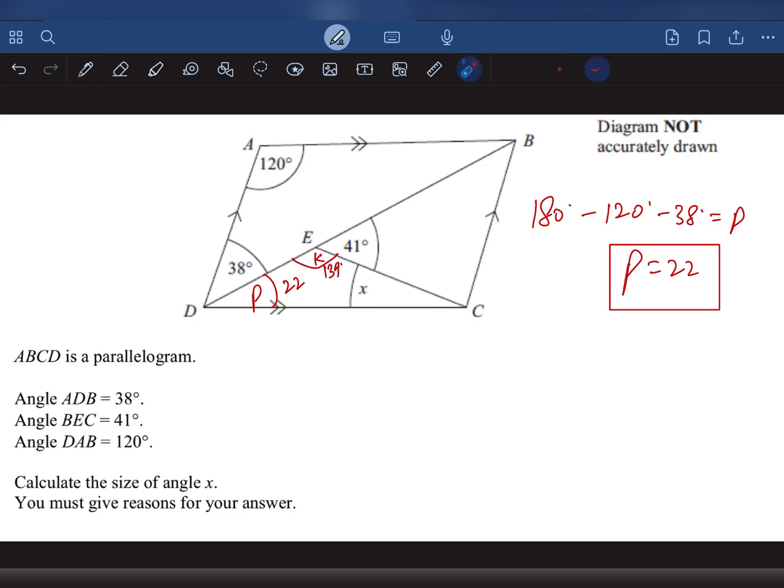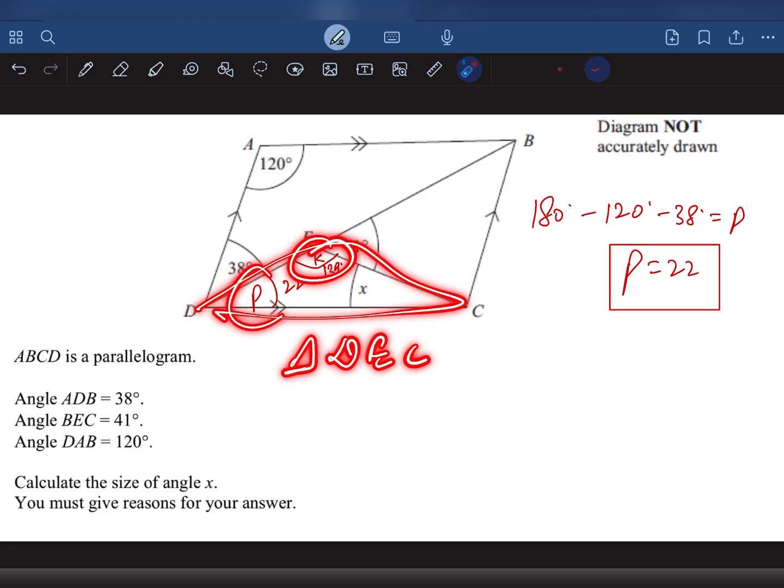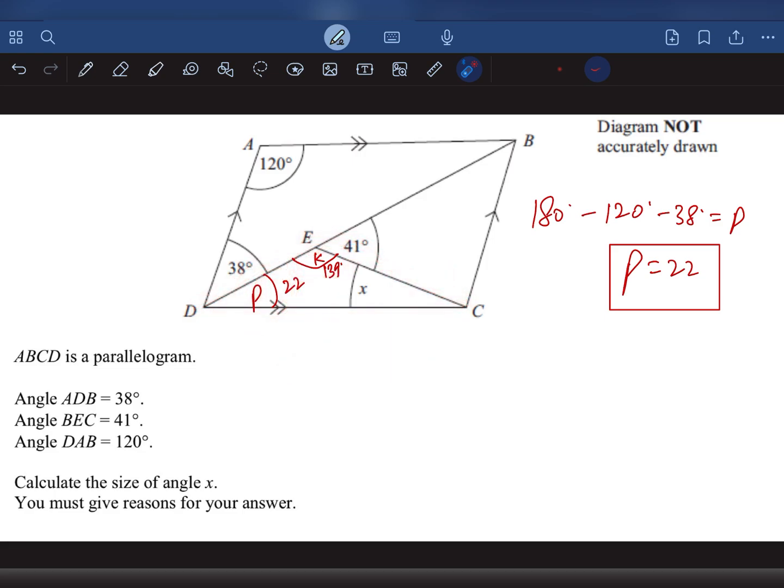Okay. Now you have a triangle DEC and you already have two angles in it. To find the third angle, we know that the sum of the three angles of a triangle is equal to 180 degrees, right? So in triangle DEC, angle P plus angle K plus angle X is equal to 180 degrees.